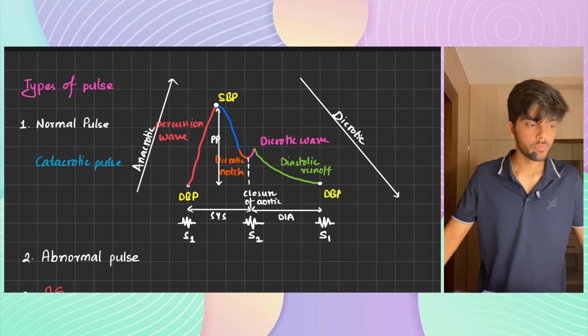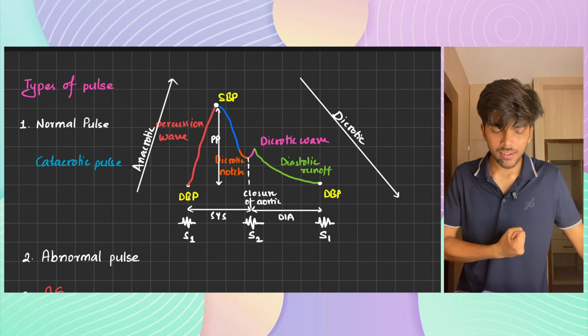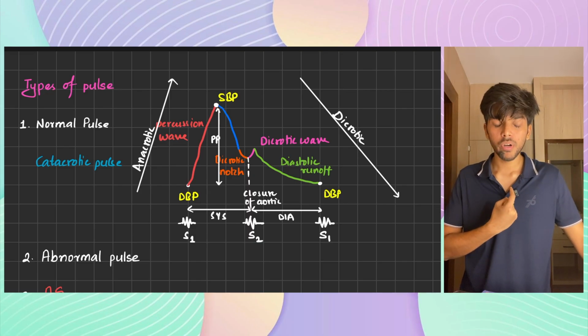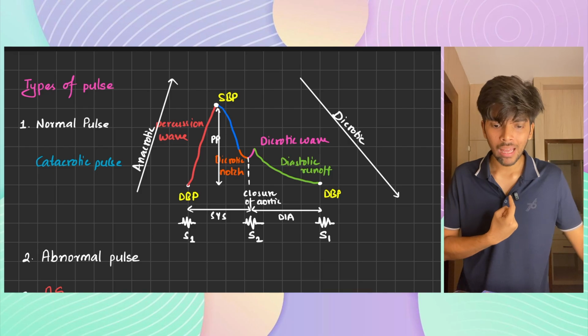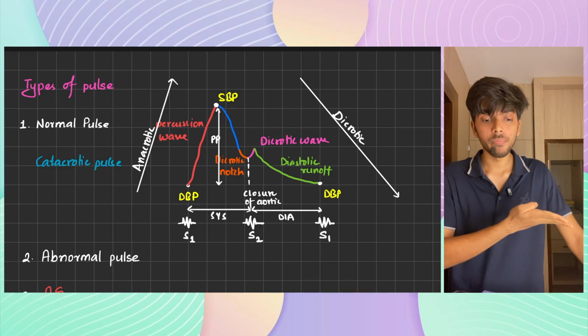What is tidal wave? See, when the left ventricle contracts, it squeezes the blood out of the aorta, producing percussion wave. This percussion wave is the forward wave that travels to the periphery.